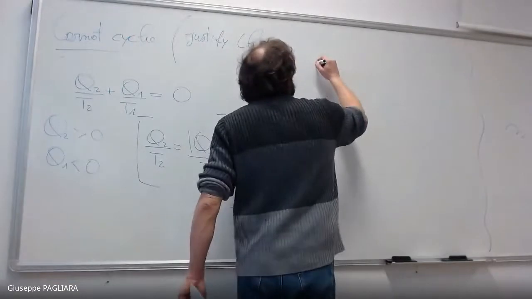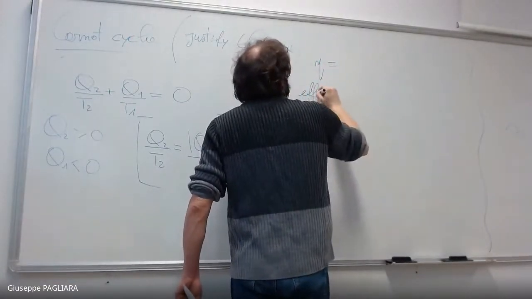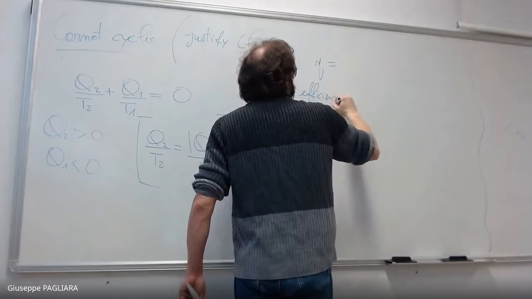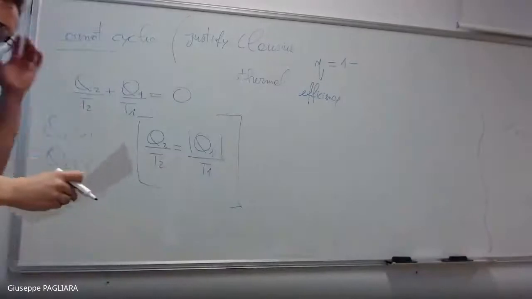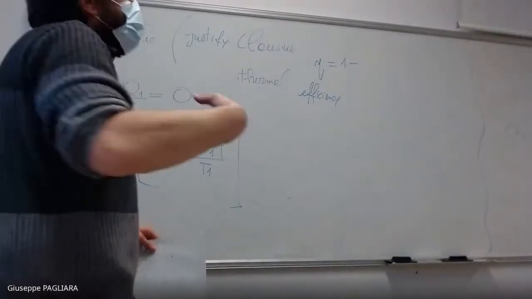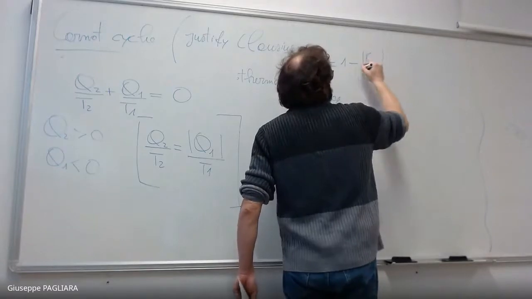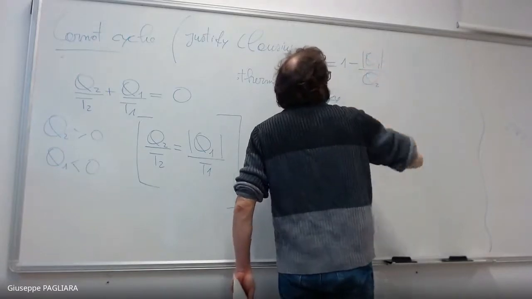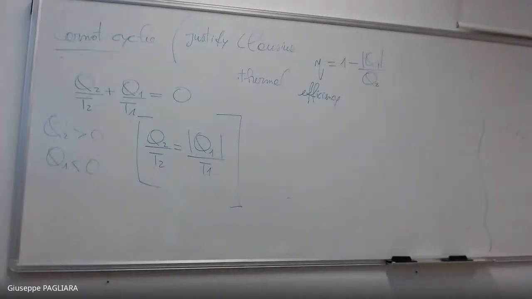So the efficiency is written in terms of 1 minus the heat that is released by the system as an absolute value divided by Q2. Okay, this is the definition of efficiency of an engine.